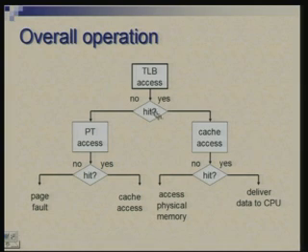After TLB access, you notice either a success or a failure. If it is a success, then you can go to cache directly. If it is a failure, then you have to resort to page table access. Let us see what happens when you had a success and you are looking at cache. At the cache level, you may again find a hit or a miss. If you find a hit, then your job is done.